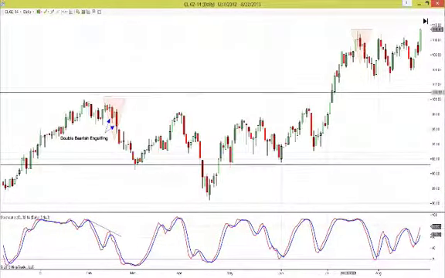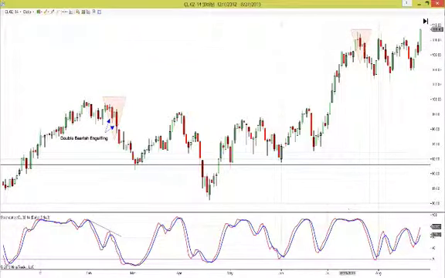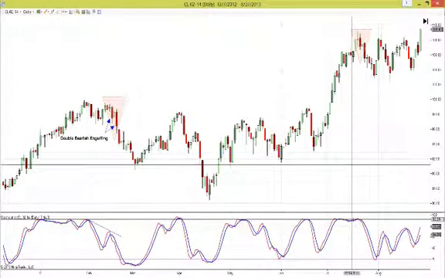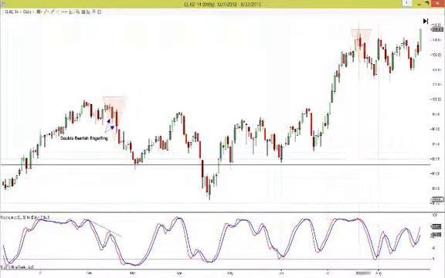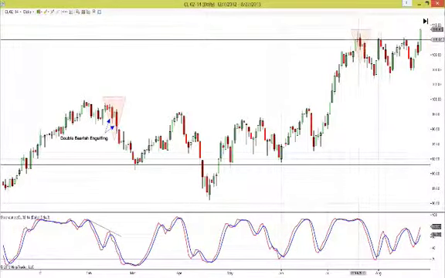Okay, and last example. In this case we are at the top of the overbought area in the stochastic, and then up here we end up with a candle that actually opens and closes at the same level.